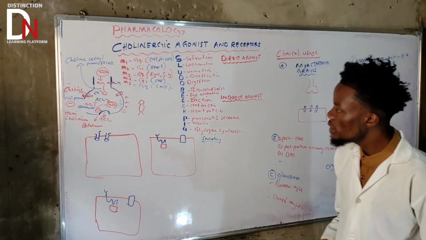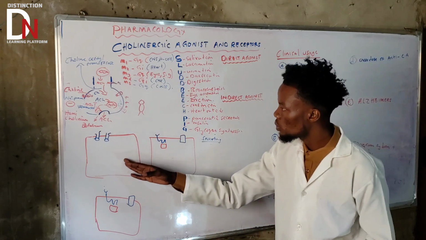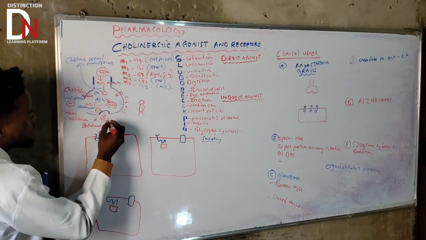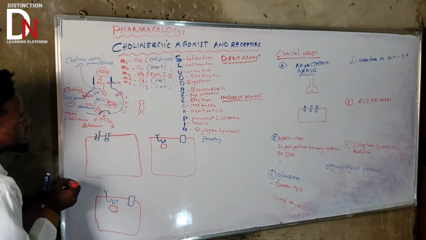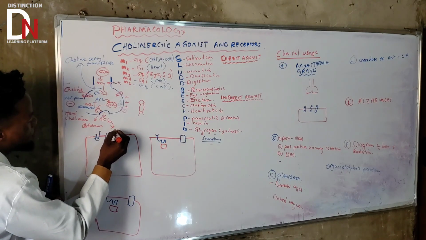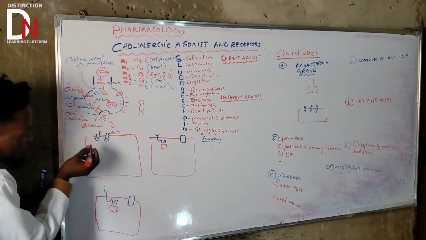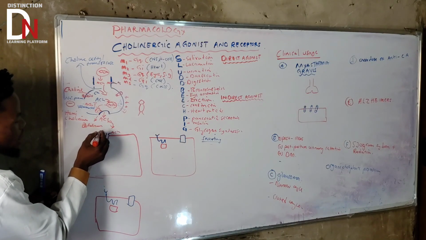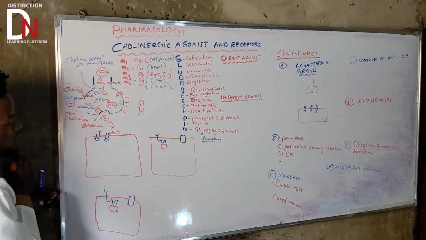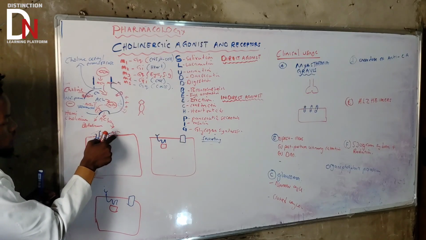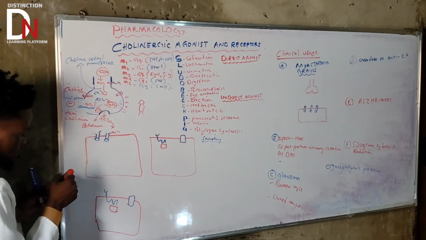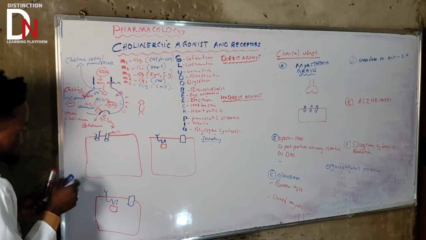Okay. So now, since we've understood, let's start with this one. If this acetylcholine comes like that, on the synaptic gap, it will bind here on the ligand. If it binds there, initially this channel was closed. The moment acetylcholine binds there, it's going to open like that. If it opens, what's going to happen?